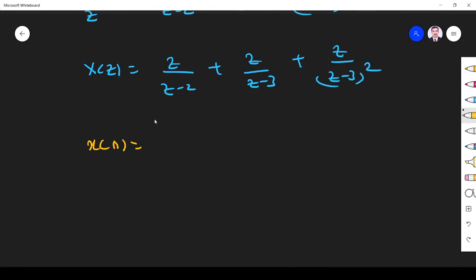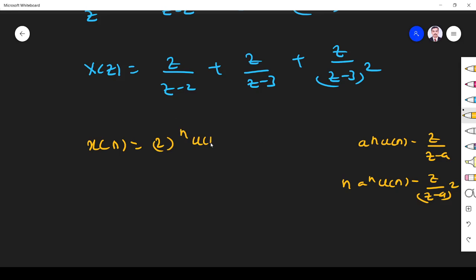X of n is equal to, just now we have studied, the z transform of a power n u of n is z by z minus a, and n into a power n u of n is z by z minus a whole square. So for z by z minus 2, the inverse z is 2 power n u of n.